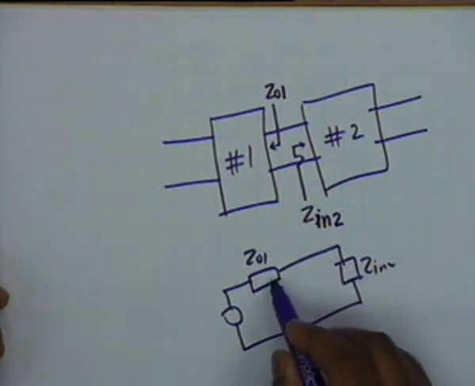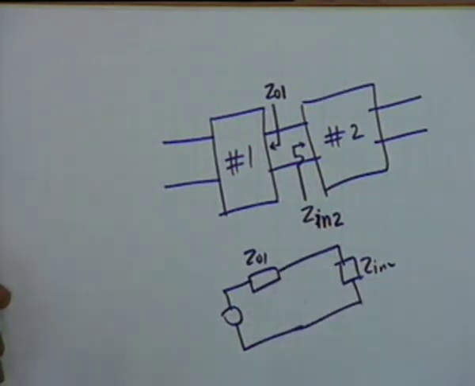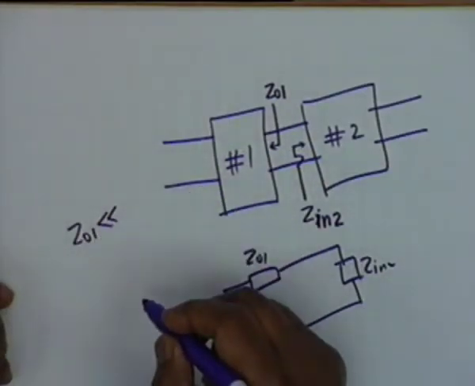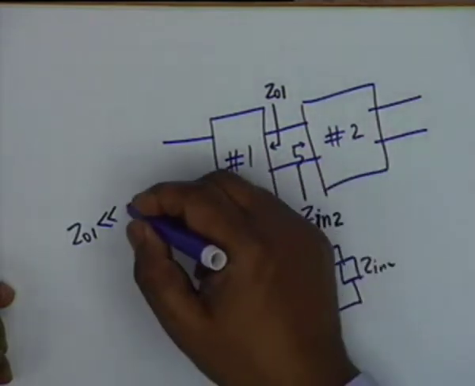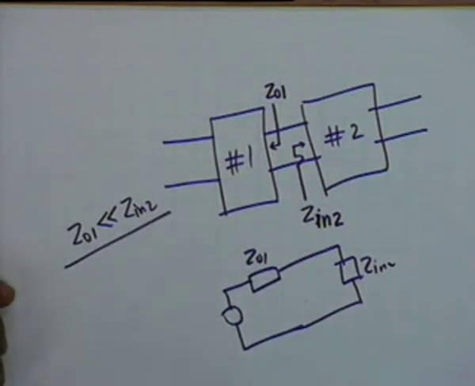If Z in 2 is very small compared to ZO1, then obviously very little voltage shall go to the second stage. So what is the consideration then? ZO1 must be very small compared to the input impedance of the stage that it couples to, Z in 2. Alright, this consideration is extremely important.